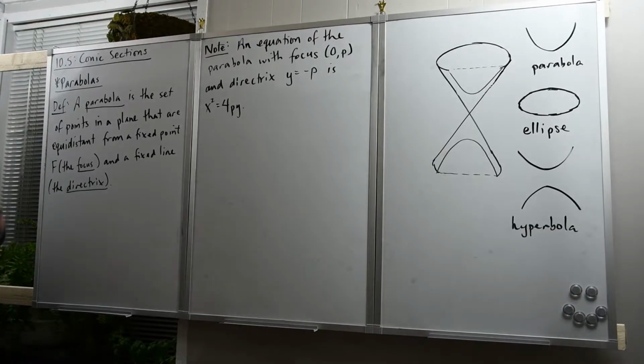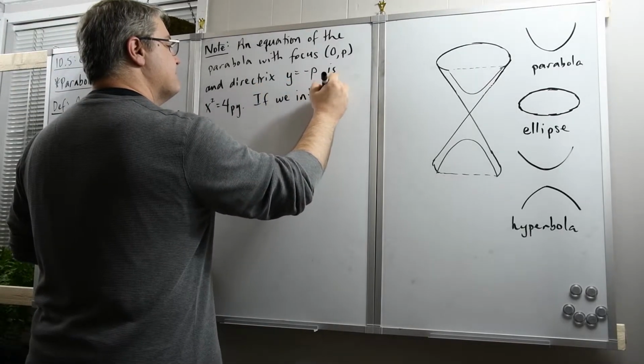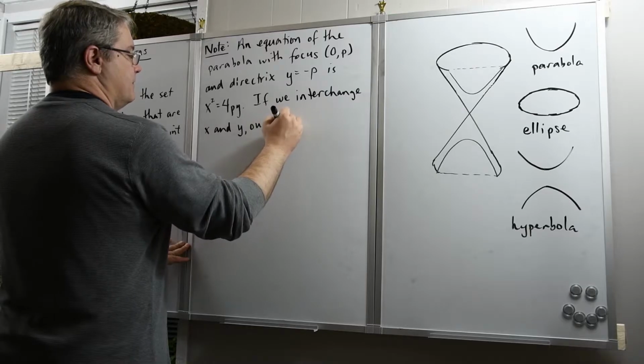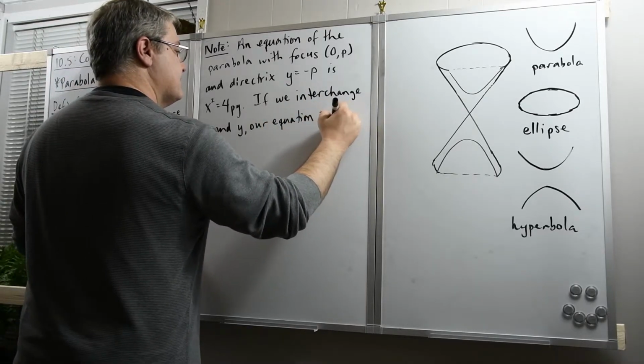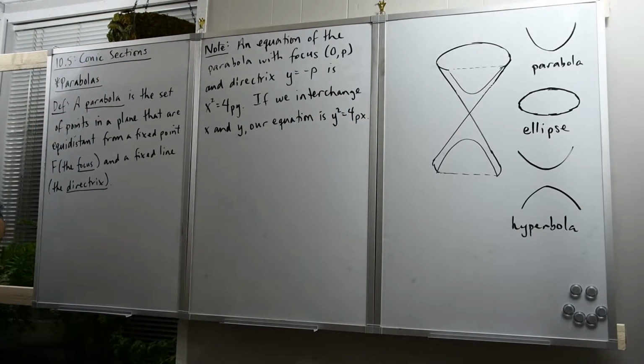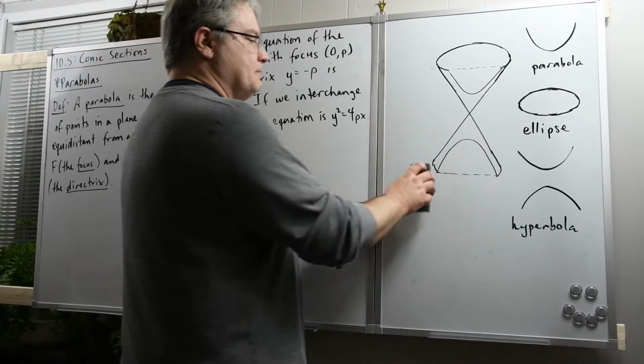But if we were to interchange the roles of x and y here, then we would have a different standard form equation, and this standard form equation would be y squared equals 4px. Now, this is granted a bit of a special case because we are assuming the focus is at (0, p) and the directrix is y equals negative p.